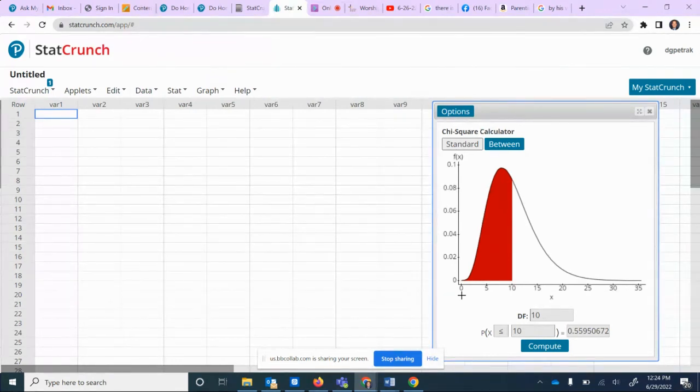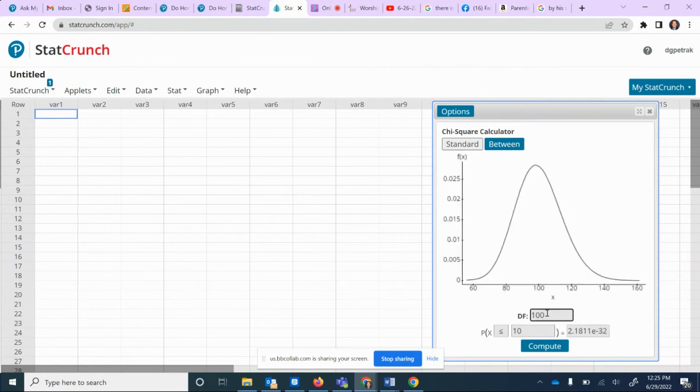And the chi-squared is a way of determining essentially what is rare variability or what's normal variability. And this is the distribution. And the degrees of freedom is dictated by how large your sample is. So if I put 10 in here, you get this shape. If I put 100 in here, it looks almost normal, doesn't it?